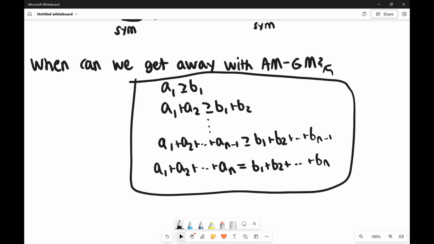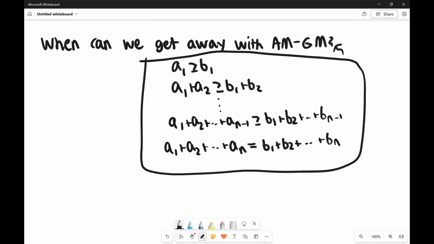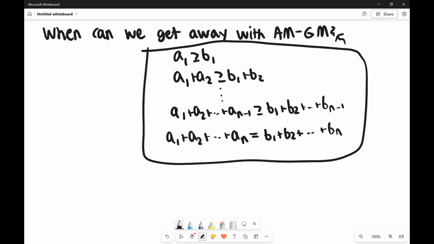And I won't be providing a proof here, because the proof is very complicated, but now you know how to recognize when AM-GM can solve the problem. And by the way, there's a shorthand notation for this.